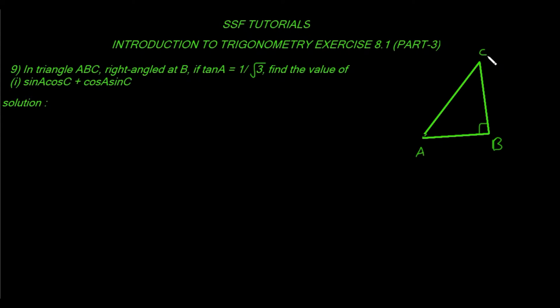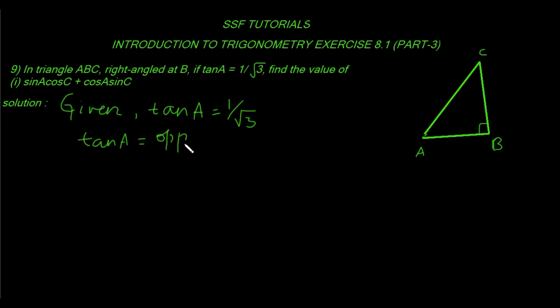So it's given in the question that tan A is equal to 1 divided by root 3. The trigonometric ratio for tan, as we know, is opposite side divided by the adjacent side.